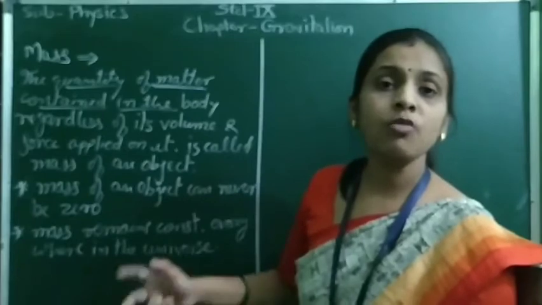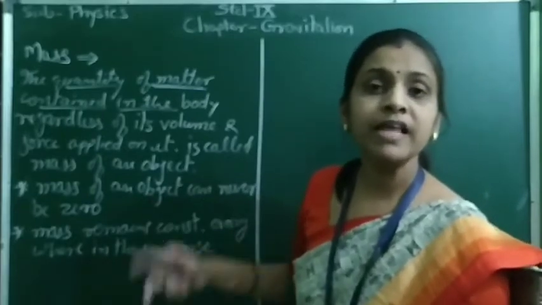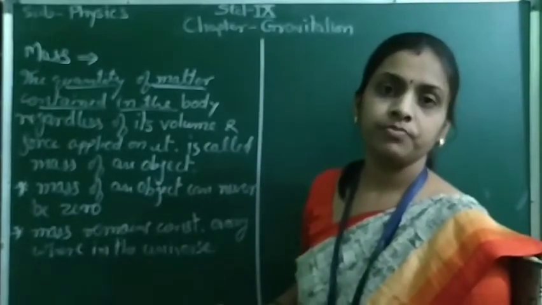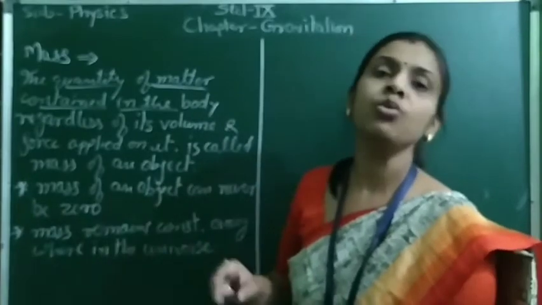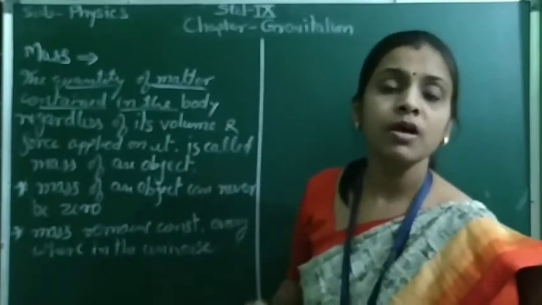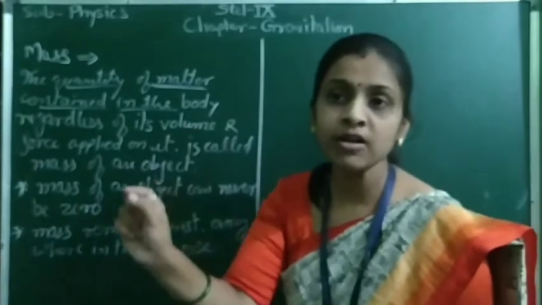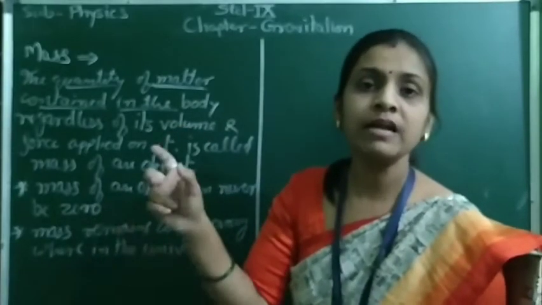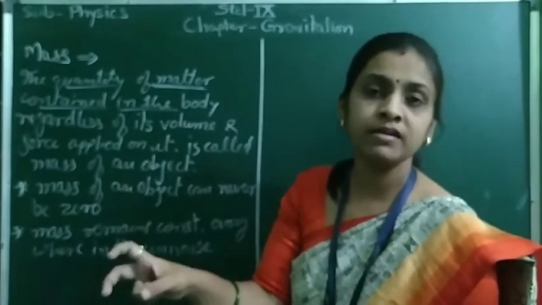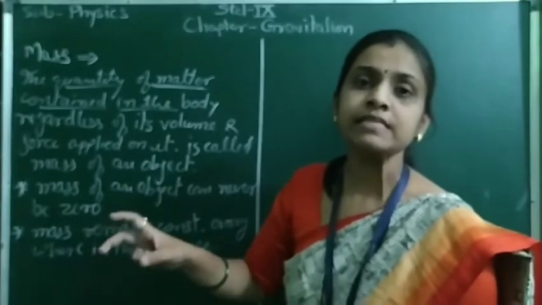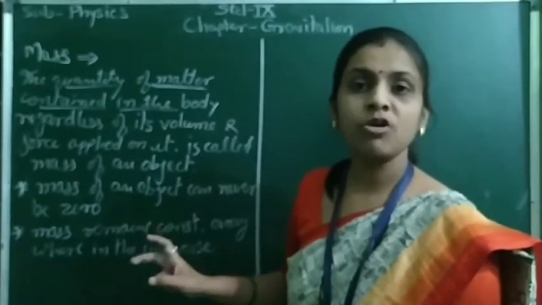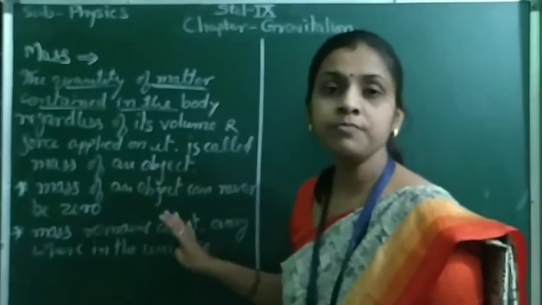Why can the mass of an object not be zero? Because every object has a body, and that body is made up of matter, though it may be very large or very small. Whenever we say it is an object, it is a body, then that body is made up of some matter, and that matter has some mass. So mass of an object can never be zero.